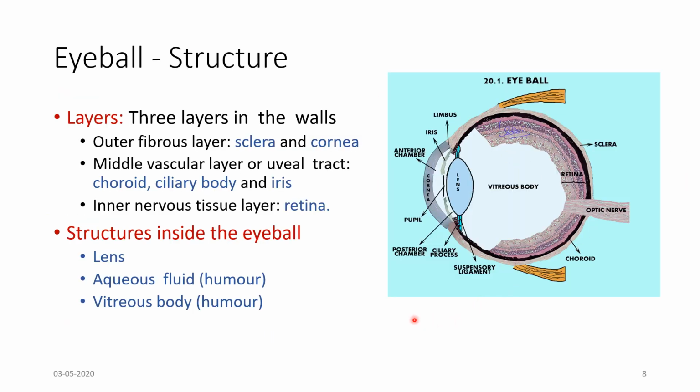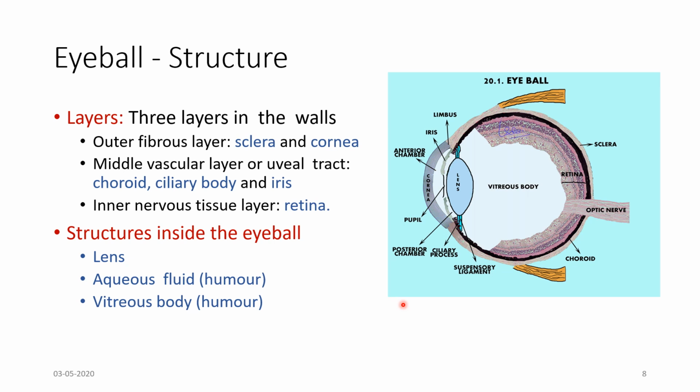So the layers of the eyeball. There are three layers. They are the outer fibrous layer, the middle vascular layer which is also known as the uveal tract, and the inner nervous layer.